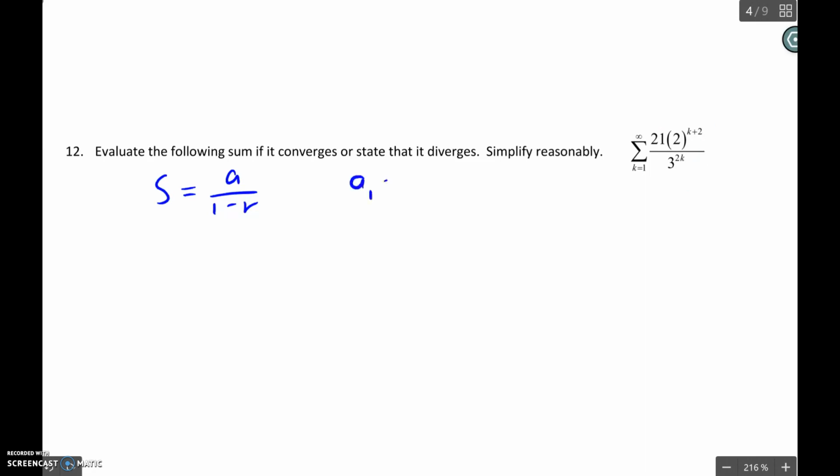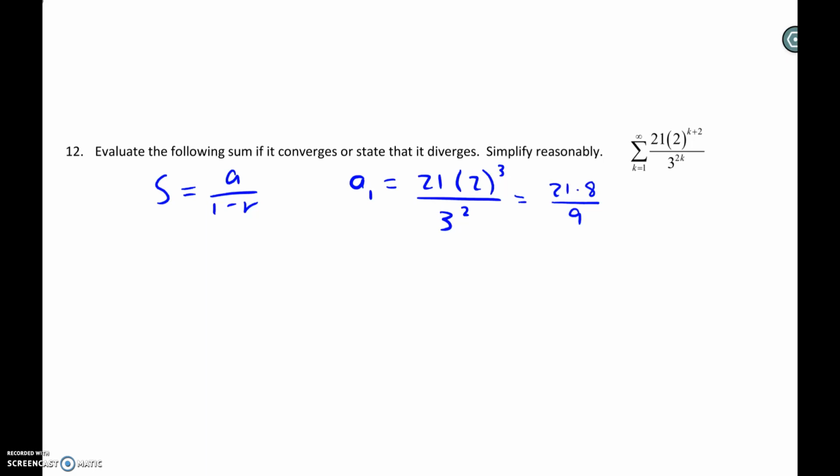For a_1, you plug in a 1. So you have 21 times 2 to the 3 over 3 to the 2, which is 21 times 8 over 9. That's 3, that's 7 times 8, so 56 over 3 is our first term. Let's look at our second term.